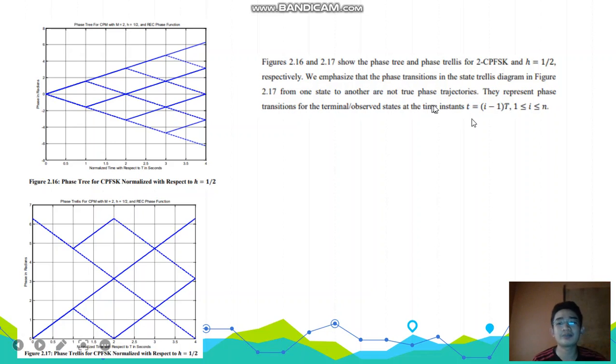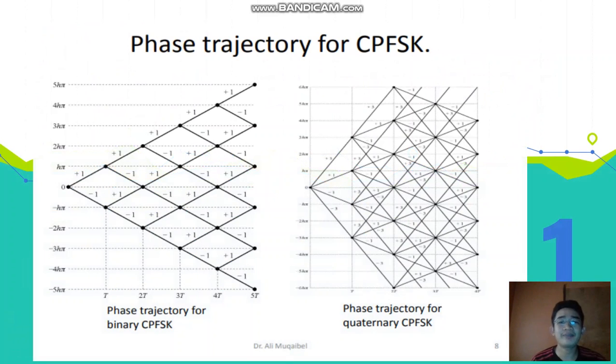We emphasize that the phase transitions in the state trellis diagram in figure 2.17 from one state to another are not true phase trajectories. They represent phase transitions with the terminal observed state at the time instant t equal to (i minus 1)T, with respect to 1 less than or equal to i less than or equal to N. This is the phase trajectory of CPFSK.